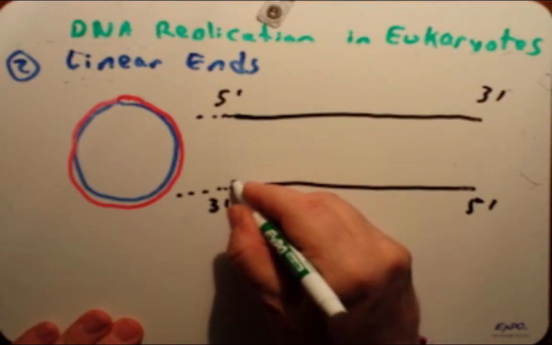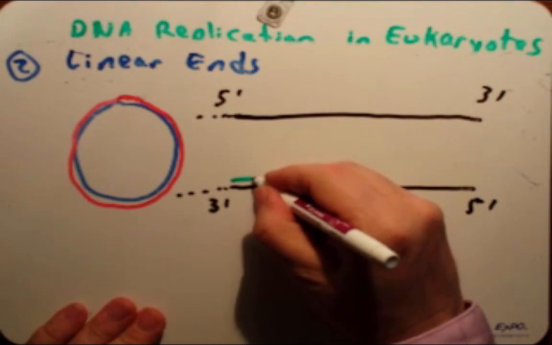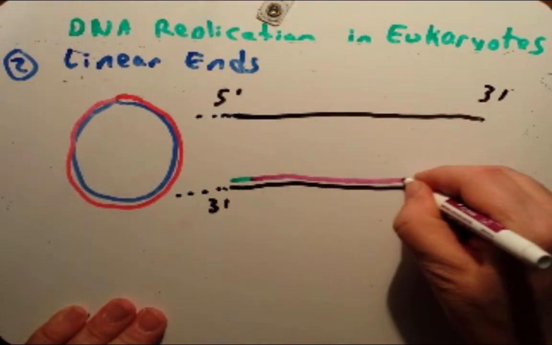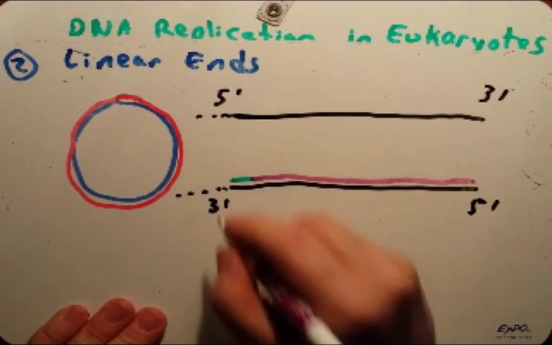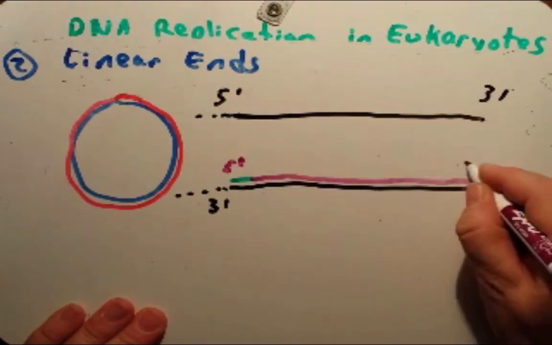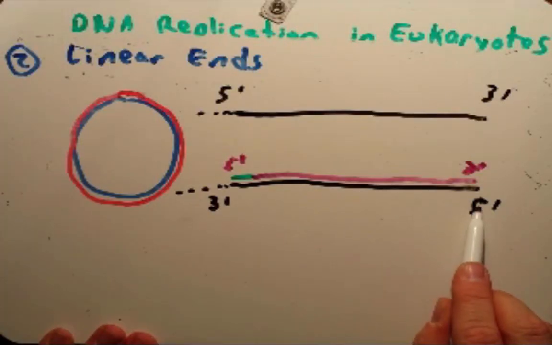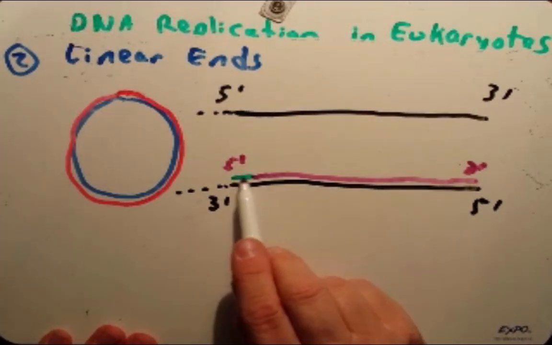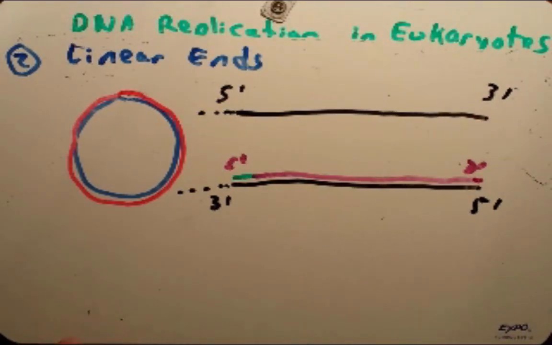As DNA is being copied here, you have your primer set down there, and then you have your new DNA coming along, being copied. And again, this is going to be copied in the 5' to 3' direction. Remember, the rule is it reads the template 3' to 5', and the new DNA is laid down 5' to 3'. And this goes all the way to the end and it stops.